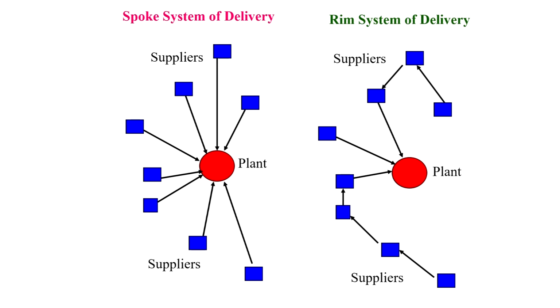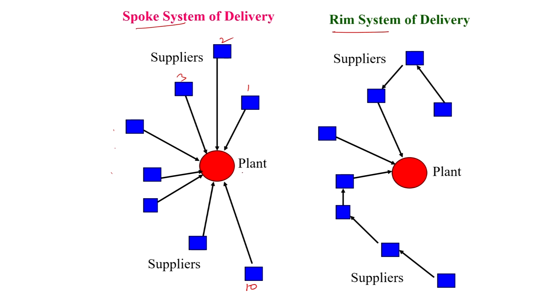Third important tool, I am just giving you glimpses of certain tools which we are using for the purpose of producing the product just in time to be required by the next workstation. Third is that we can study the spoke system and the rim system of delivery. Suppose this is your manufacturing plant and you are having vendors, suppliers. Let us say you are having 1, 2, 3, like this 10 suppliers for this item.